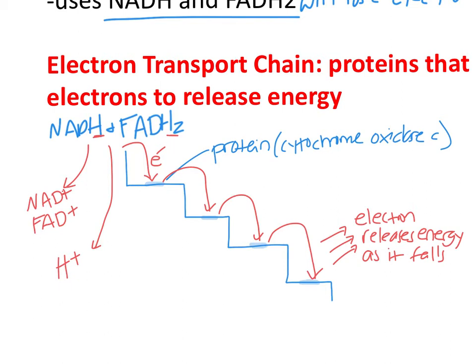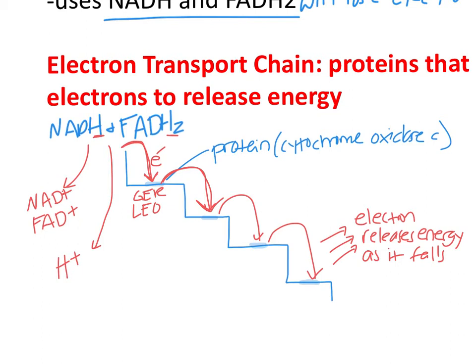Each of these proteins in the electron transport chain is going to gain an electron and then immediately lose that electron. So it gains an electron and then it immediately passes on that electron. So every protein in that chain gets reduced and then oxidized.